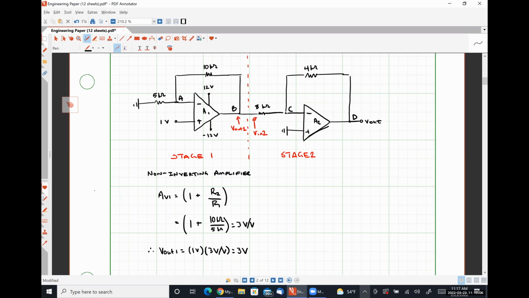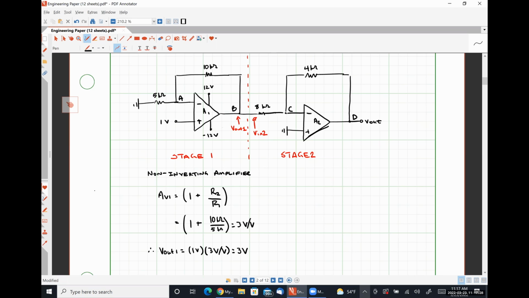I disagree. Well, I mean, it's an inverting amplifier because the input is being applied on the inverting side, right? If it were a non-inverting amplifier, this input would need to be changed over here, okay?